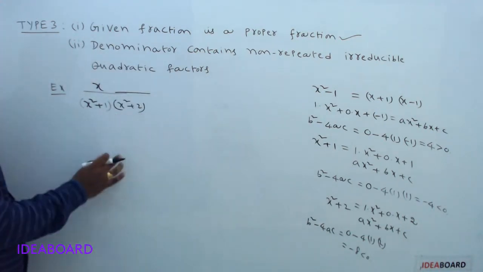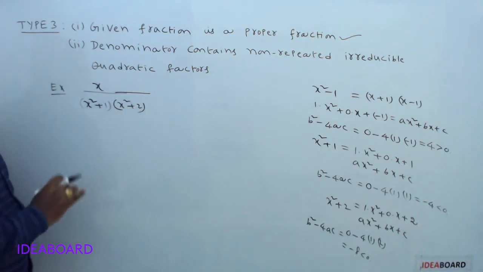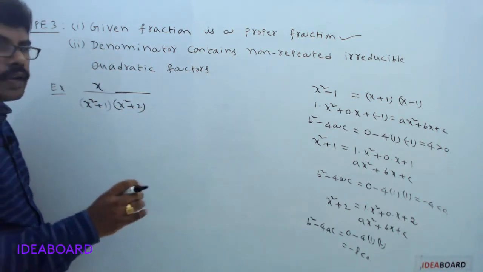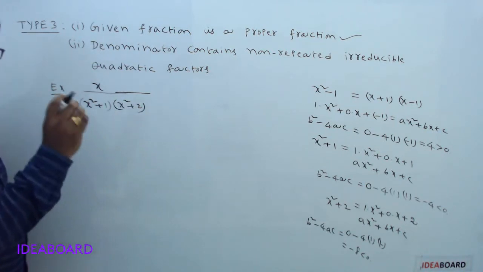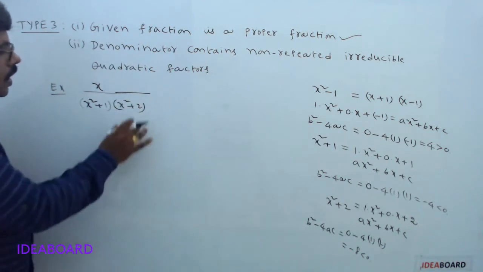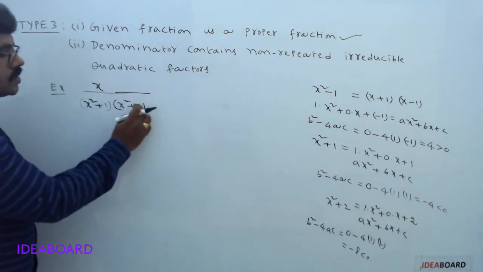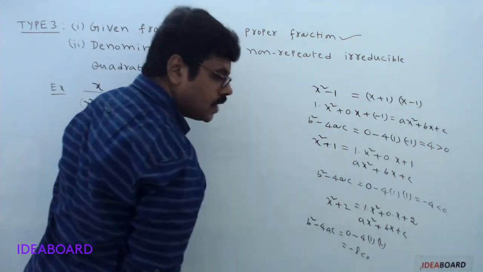Now come to this one, x square plus 2. It is also a second degree expression. Whenever a second degree expression is visible in the denominator, first you have to find its discriminant value. What is its value? Minus 8.